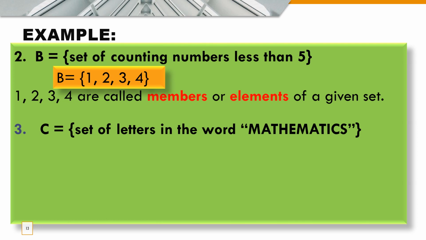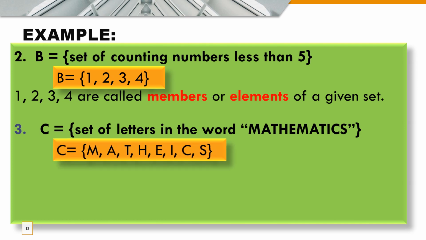Let's have number 3. Set C is the set of letters in the word mathematics. Okay, so we have here the members or elements M, A, T, H, E, I, C, S. What happened to the other letters?